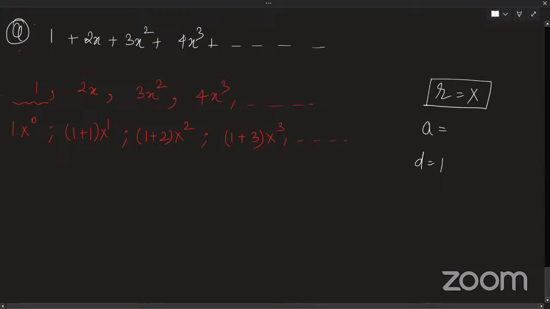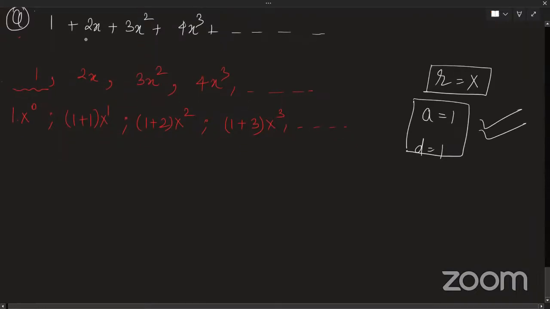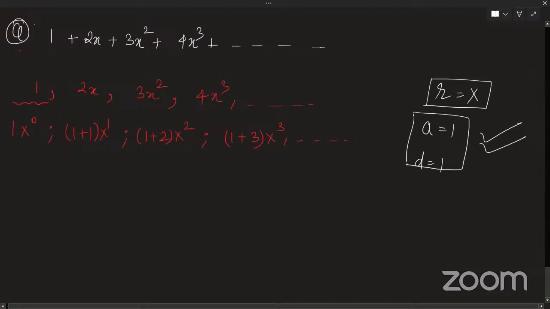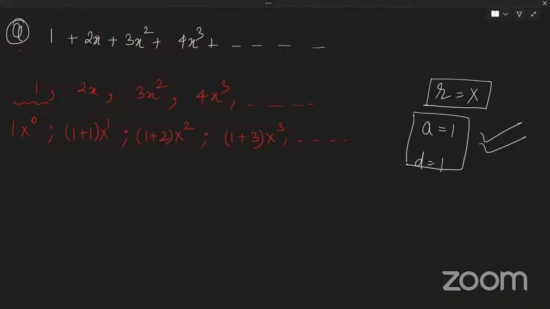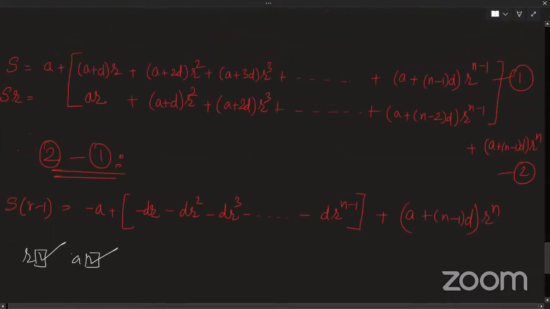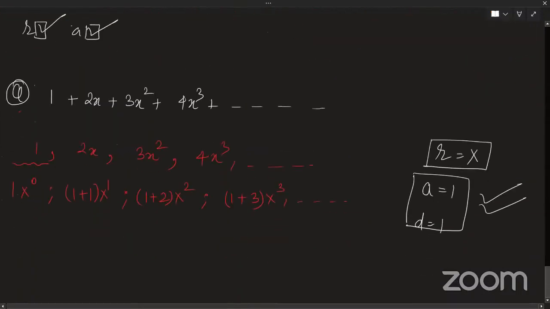And A is 1, correct. Now everyone got it, right? The issue was in understanding the nth term. Okay, no worries.